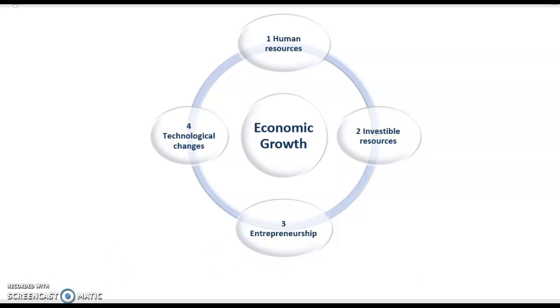Then we move to the third key factor that contributes to economic growth, that is entrepreneurship. Entrepreneurship refers to business leaders and innovators of new ideas and also business processes. We must remember that all economic activities in Islam must be halal or permissible.